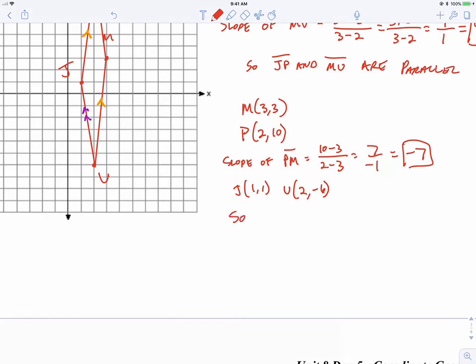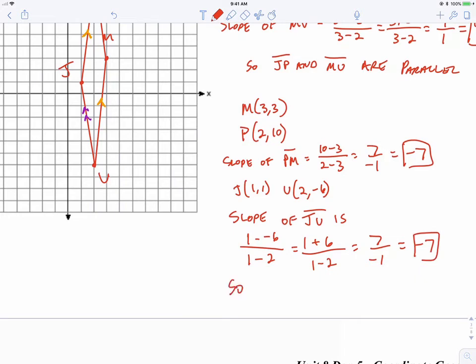So the slope of JU is Y minus Y, 1 minus -6 over 1 minus 2. 1 minus a negative becomes a plus 6. 7 over -1, that is -7. So PM and JU are parallel.